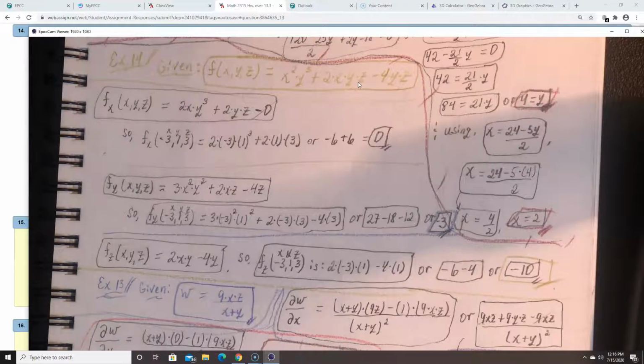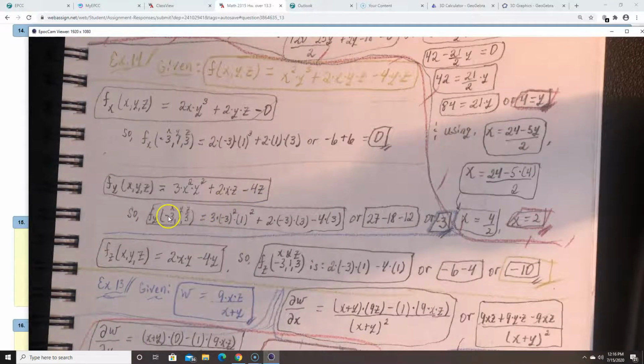They're frozen. So it's 2xz times the derivative of y with respect to y, which is a 1. So 2 times x times 1 times z is 2xz, right here. And the derivative of negative 4yz with respect to y, well, the derivative of y again is 1 times negative 4 times z is negative 4z.